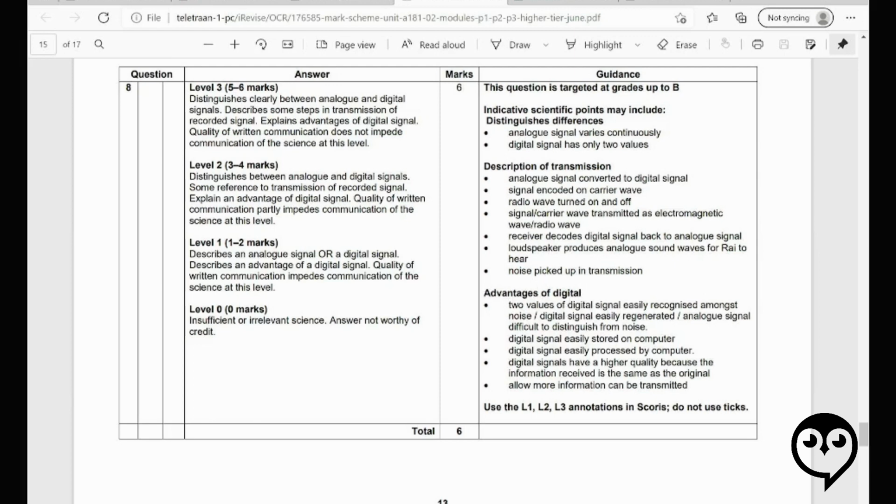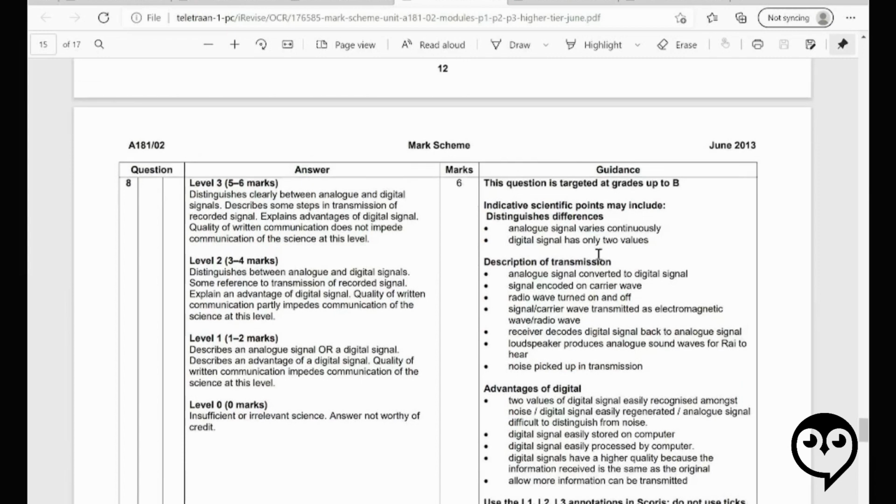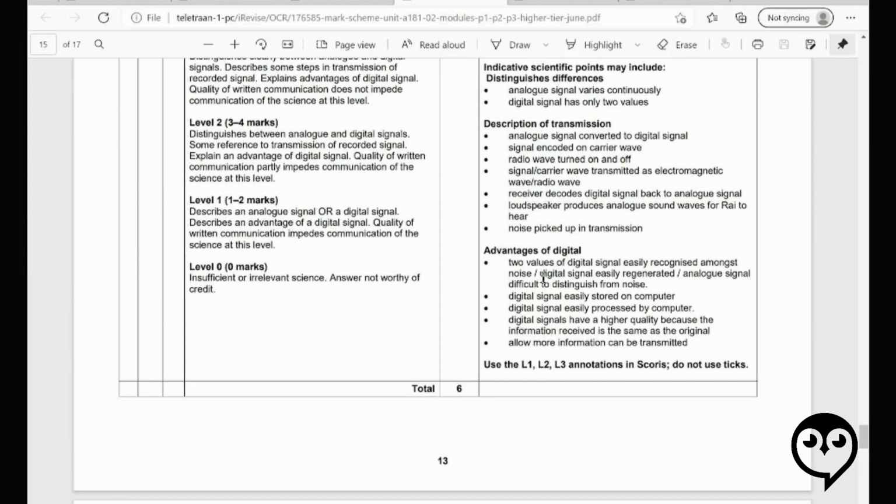So you really only need, I would say, two of each of these. Talk about the difference between analog and digital. Give two of these from the description I've talked about, and then two from the advantages. So it's easily regenerated. It's easily picked up out of other signals. There's no noise. It's easily stored on a computer. It's easily processed by computer. Maybe they're putting in some effect for this recorded concert to make it sound like a concert hall.